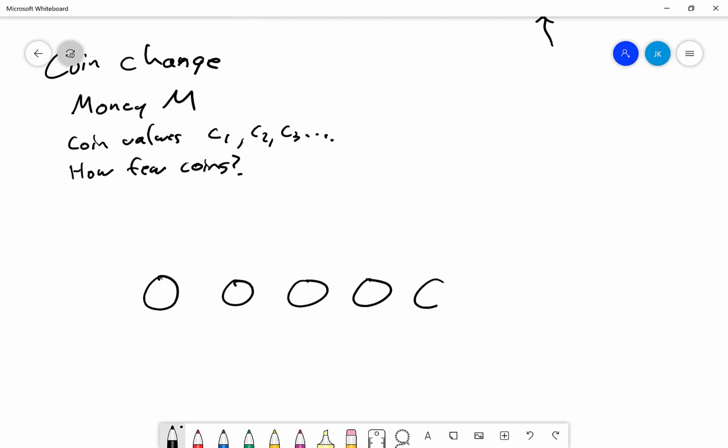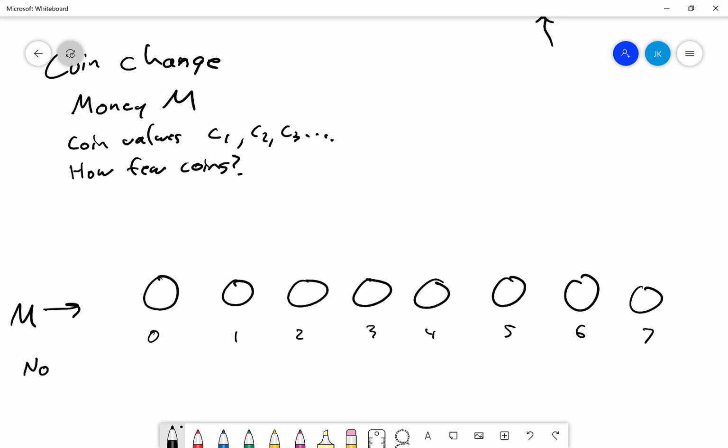But here's how you can describe it in a graph format. You create nodes that are M, the amount of money that you have that you need to make change for. Okay, so in this case, like 0, 1, 2, 3, 4, 5, 6, 7. Okay, so maybe we have up to 7 units of change. Okay, and you create an edge.